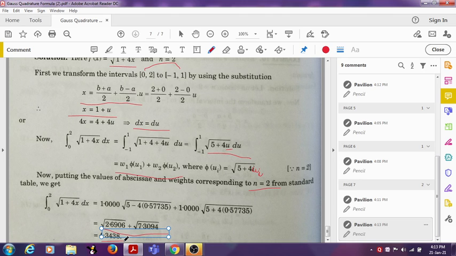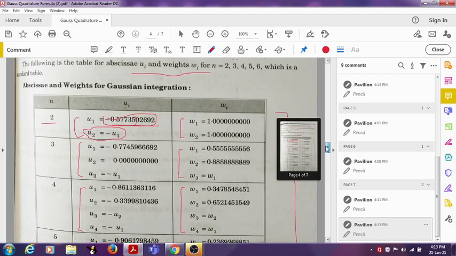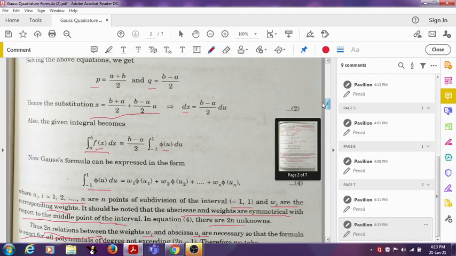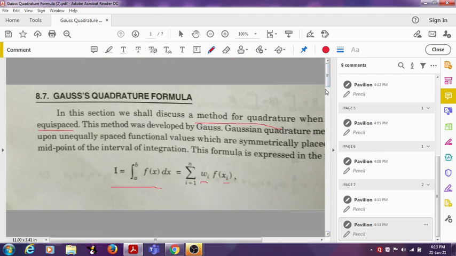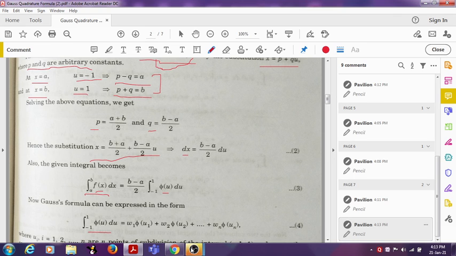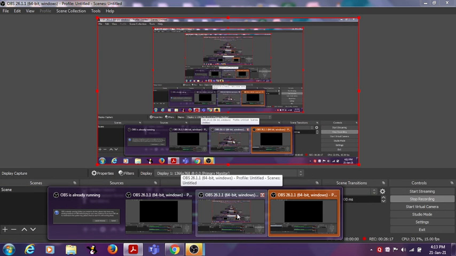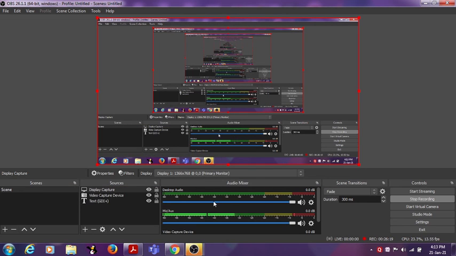So here we have discussed the Gauss quadrature formula with some numerical applications, and all of this comes under the topic numerical integration. So if we are to find an integral using the Gauss quadrature formula, then we can use this.